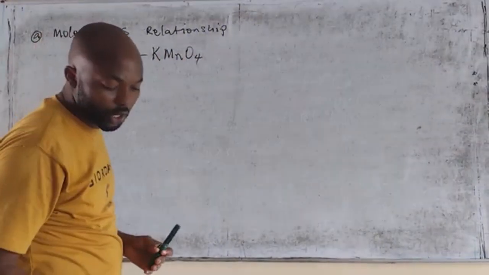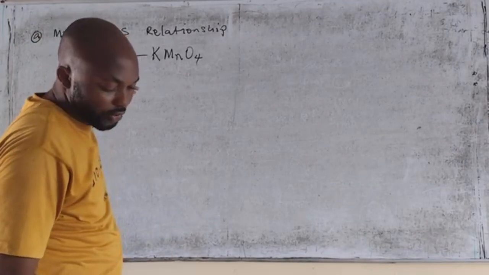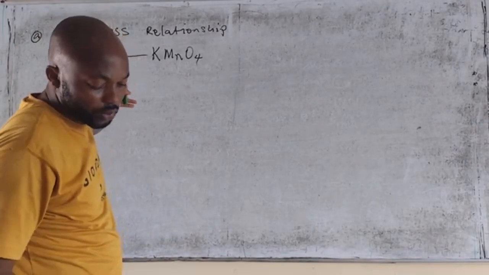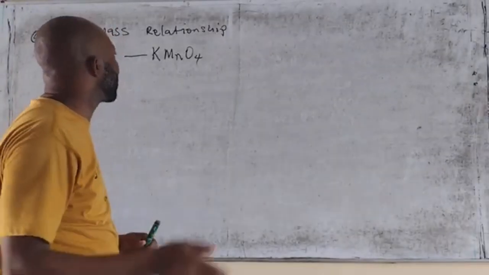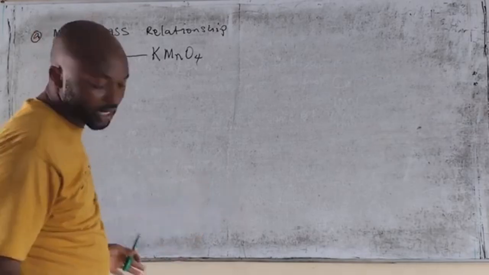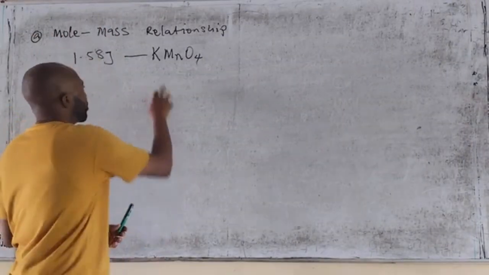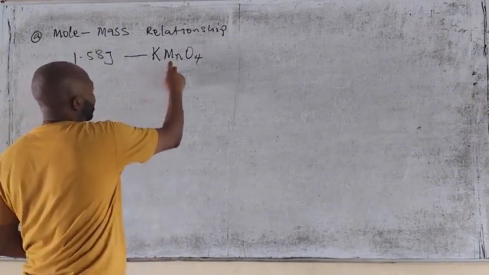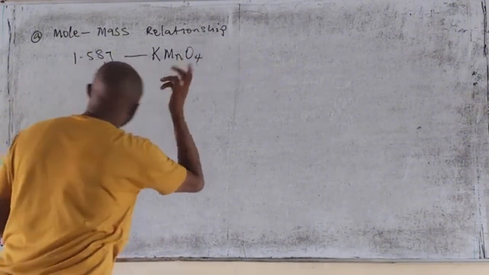The question again: calculate the number of moles in 1.58 grams of potassium tetraoxomanganate 7. They will always give us the relative molecular mass of this, or we can derive it. It's 158. To not waste time, you calculate: potassium 39, manganese will be given, oxygen 16 times 4 and so on, so it's 158 generally.